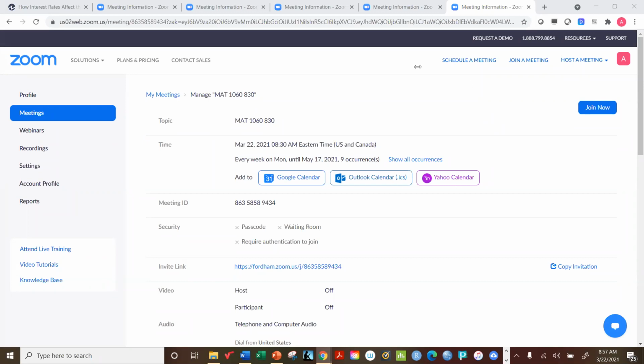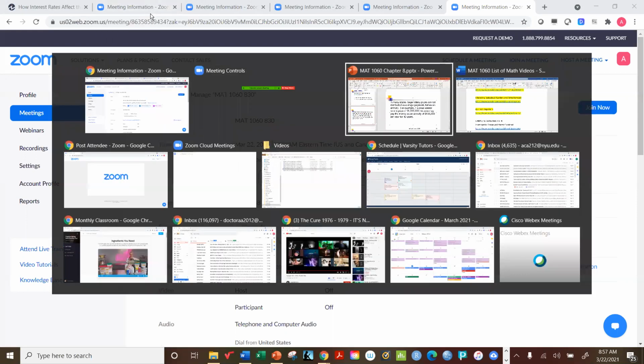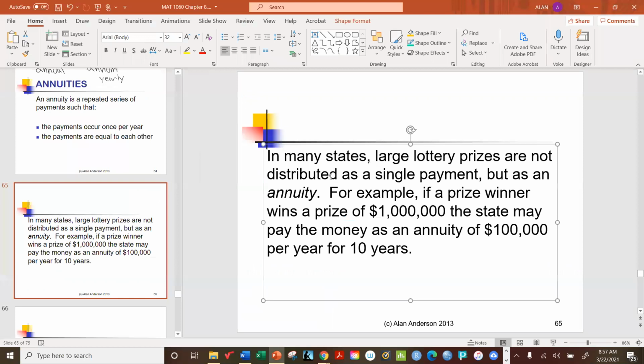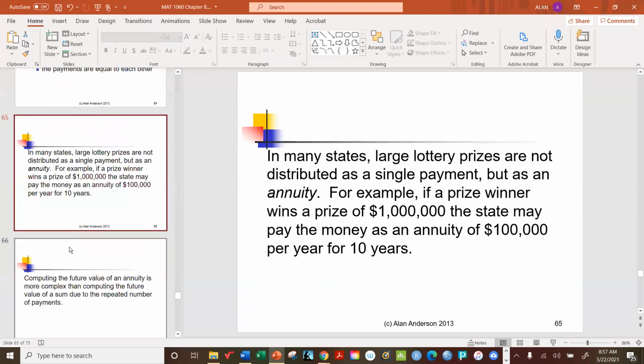All right, so if they said to you, listen, which one do you want? You would have to consult with a financial planner before you make a decision like that, because it's not always intuitively clear what would be the correct decision. So here we're getting 100,000 for 10 years.